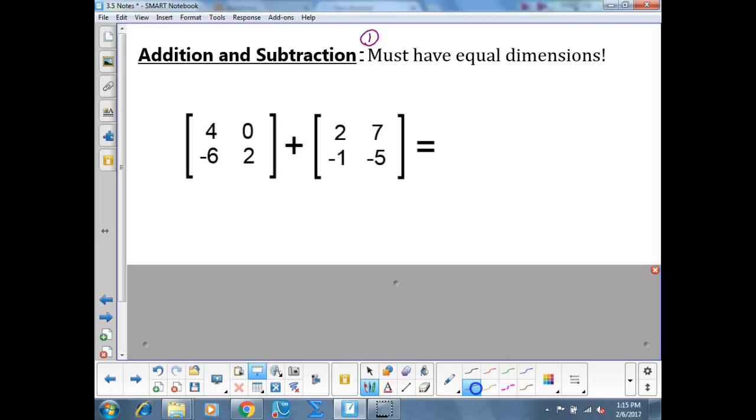Not possible would be your answer. Okay? If they are the same dimensions, then they are addable, and all you do is you add or subtract the corresponding elements.